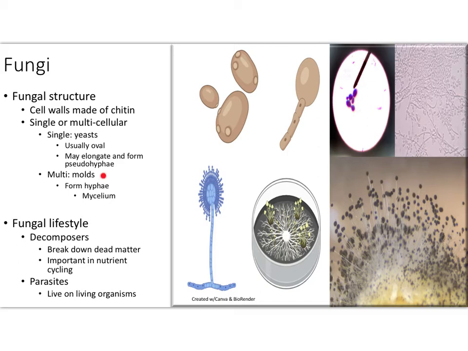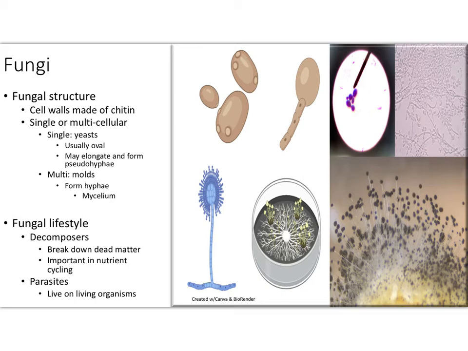Multicellular fungi are typically referred to as molds. They are composed of many cells joined together. They typically are fairly large. A lot of times we can actually see them. They form structures called hyphae, which are just big, elongated masses of the fungus itself that's growing.